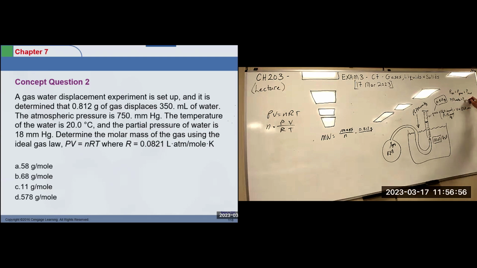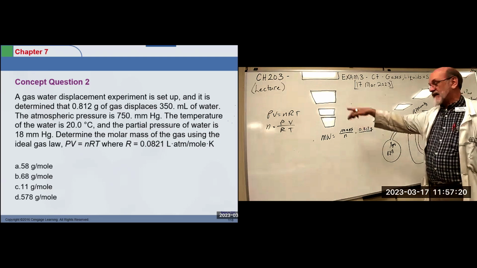Pressure of the gas is unknown, and the pressure of the water is 18 millimeters of mercury. So the pressure of the gas equals 750 minus 18, or 732 millimeters of mercury.